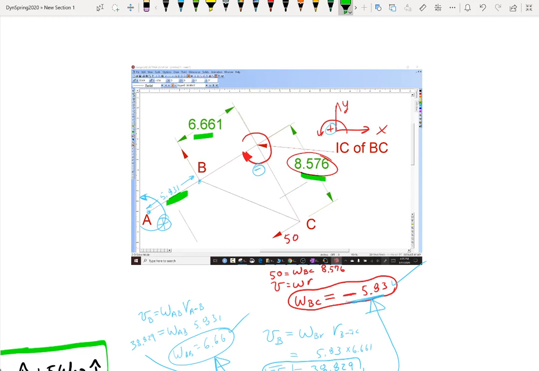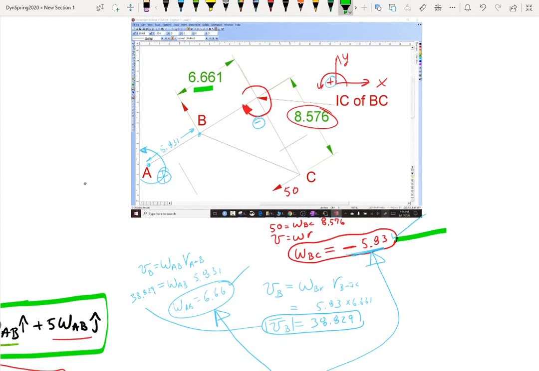We worked out the fact that BC is a rigid body rotating about that point. We found the omega BC to be the same number as before.